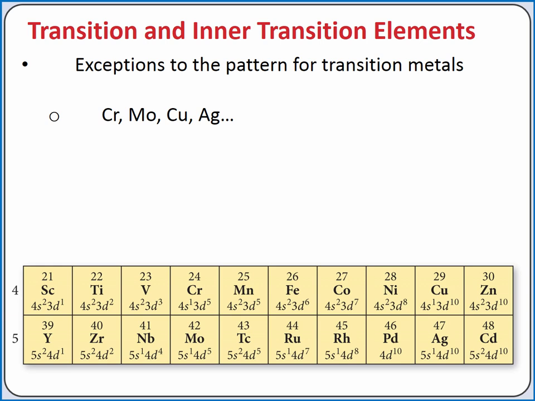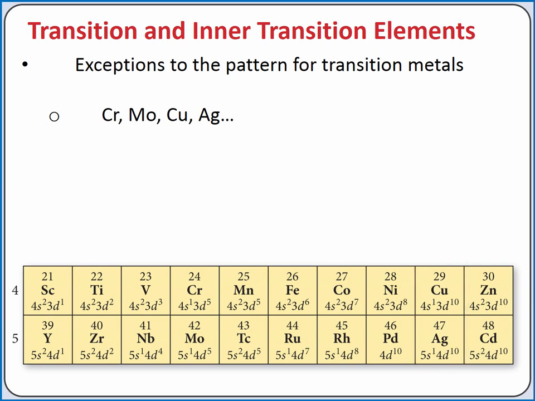We would expect the electron configurations of copper and silver to have 2 electrons in the s subshell and 9 electrons in the d subshell. However, in both copper and silver, 1 electron from the s subshell is brought into the d subshell, so it is fully filled. So the electron configuration of copper ends in 4s1, 3d10, and silver ends in 5s1, 4d10.